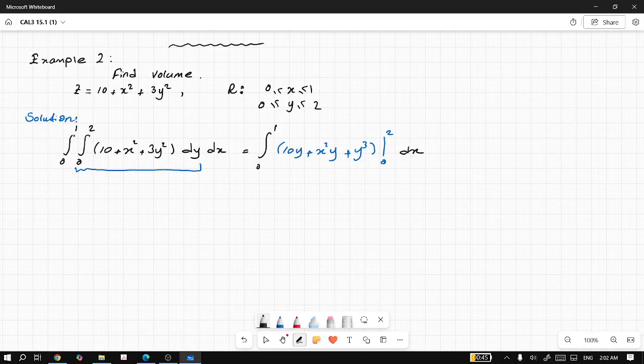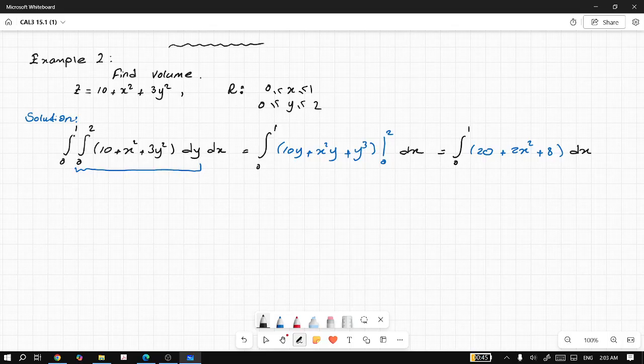Inputting the 2 and 0 into that function, that integration gives me what? Of course, 0 and 1 remains the same, and the inside of the integration becomes 20 plus 2x squared plus 8 and dx.